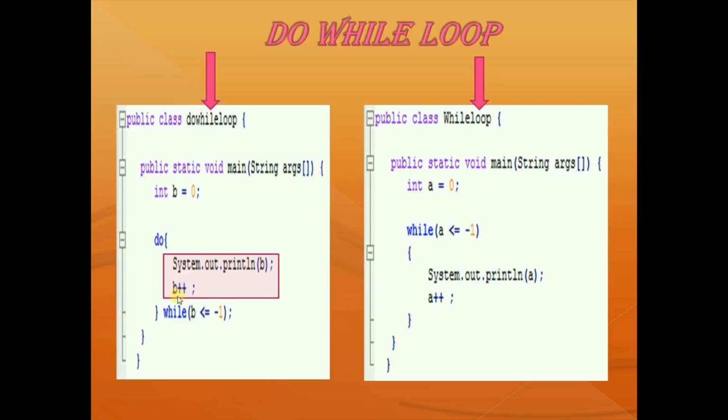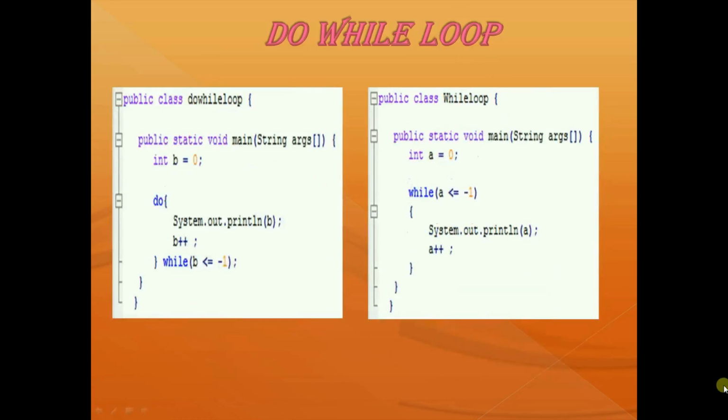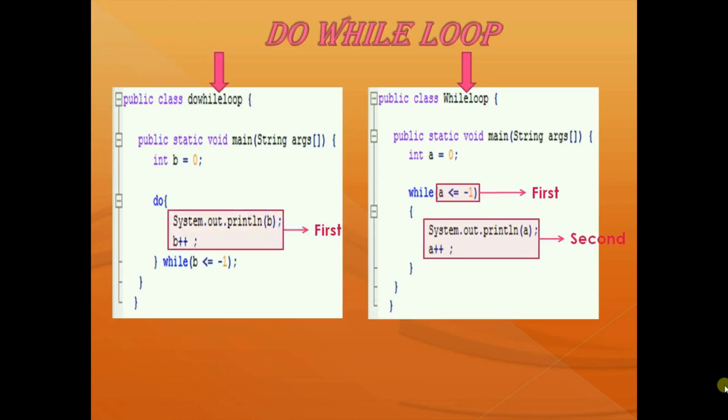And in the while loop program also, we print the value of a and increase the value by 1. The basic difference between a while loop and a do while loop is that a while loop first evaluates the condition and then executes your statement, while a do while loop executes your statement first and then evaluates your condition, right?